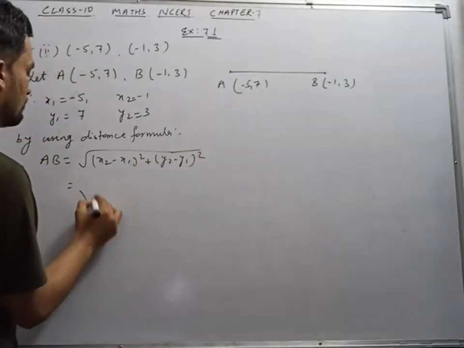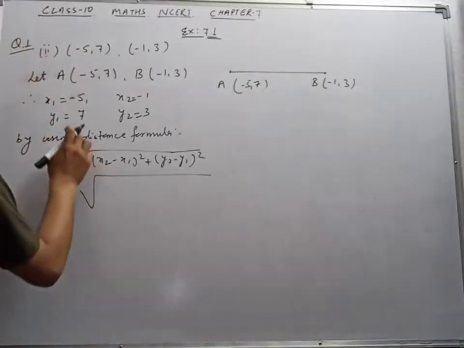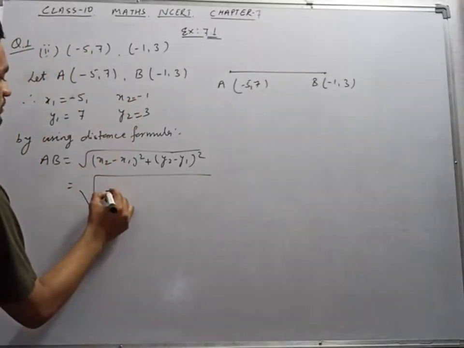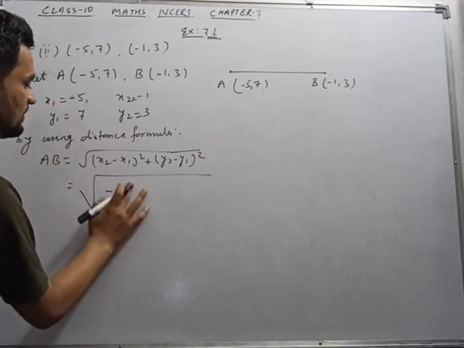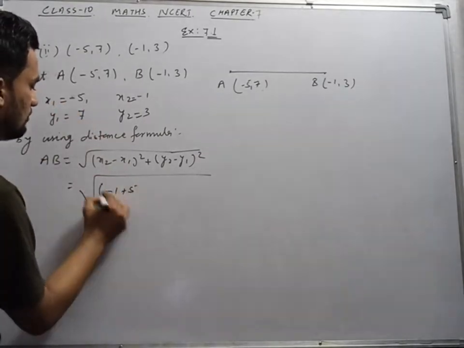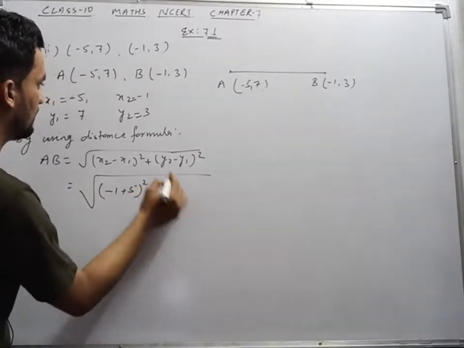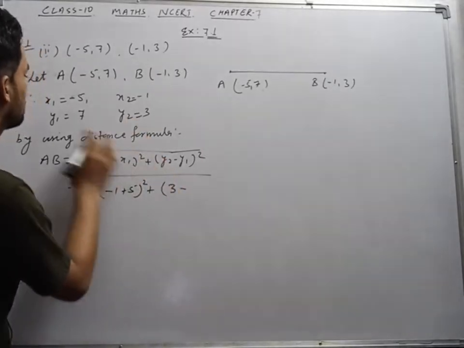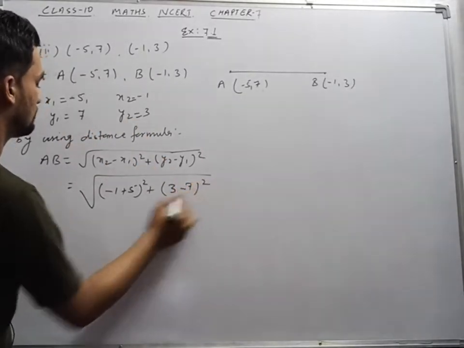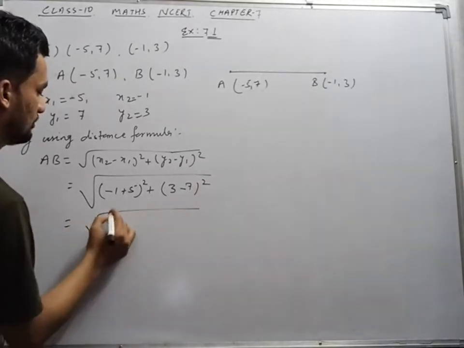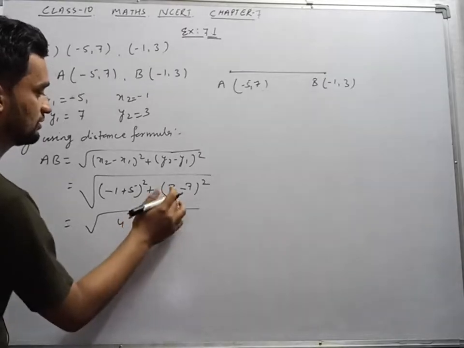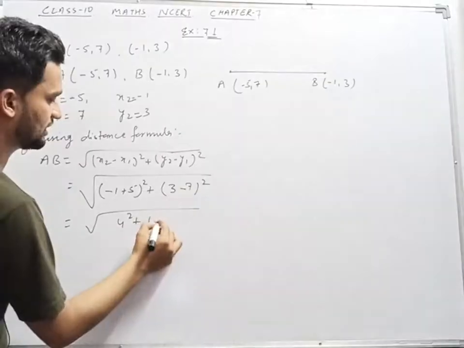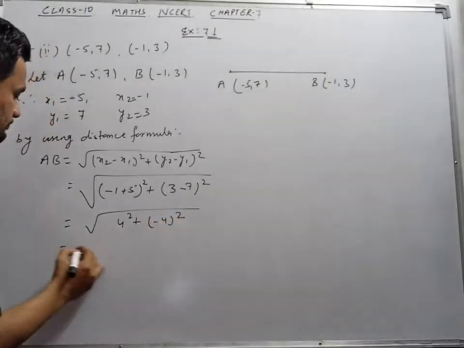So this will be what? Root over x2, which is -1, minus x1, minus of minus, this will be +5, directly I am writing, square, plus y2, which is 3, minus y1, which is 7, whole square. So this will be 5 minus 1, that is 4 square, plus 3 minus 7, that is -4 square.